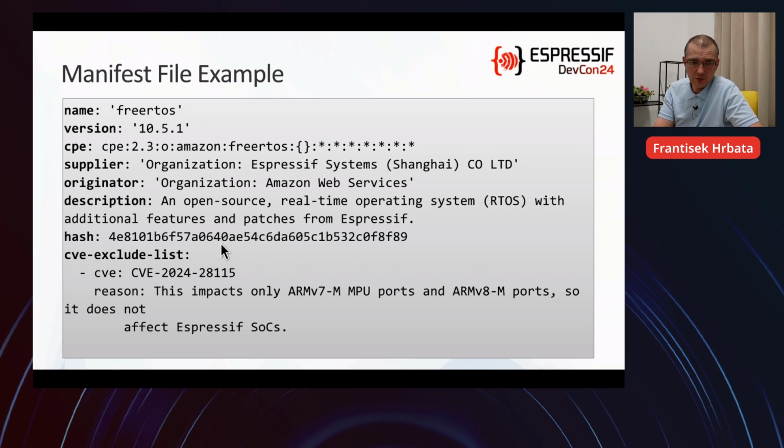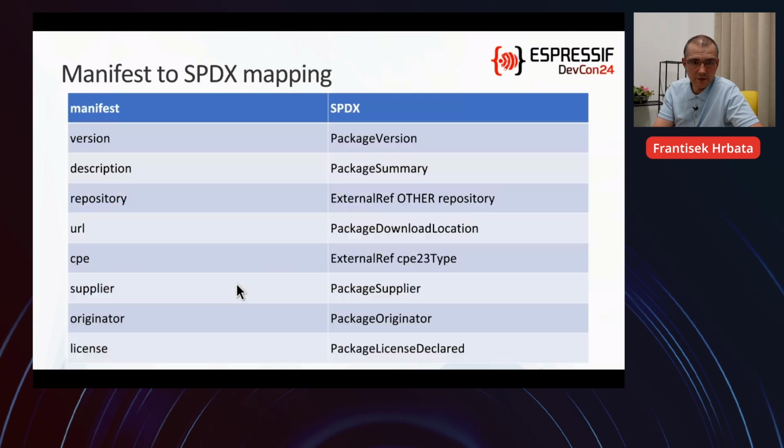Here we have the hash to check that if the maintainer of the FreeRTOS component uploads a new FreeRTOS version, he will not forget to update the manifest information. And here we have an example of the excluded CVE list, because this CVE is related only to the ARM CPU architecture. It's not related to Espressif, because Espressif is not using ARM architectures, but Xtensa and RISC-V.